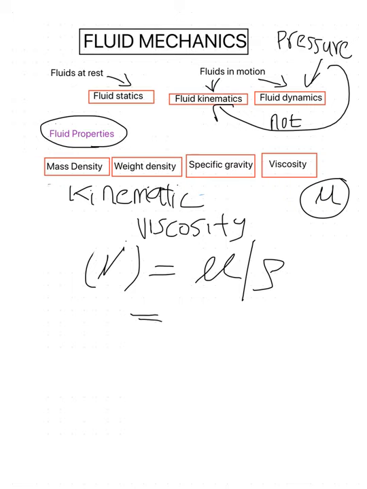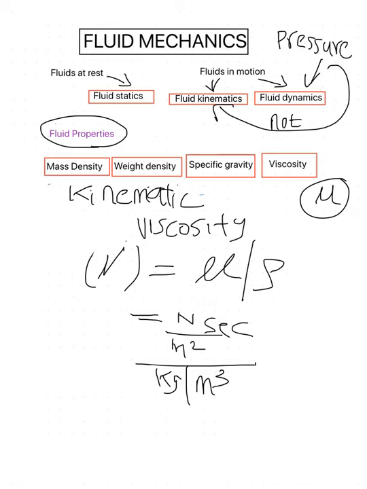Now let's find out the unit. Any parameter you come across, try to derive the units on your own. What is the unit of mu? It is Newton second per meter square, divided by the unit of rho, which is kilogram per meter cube.